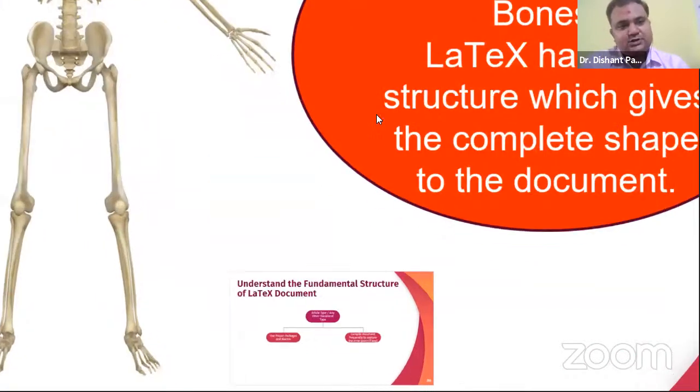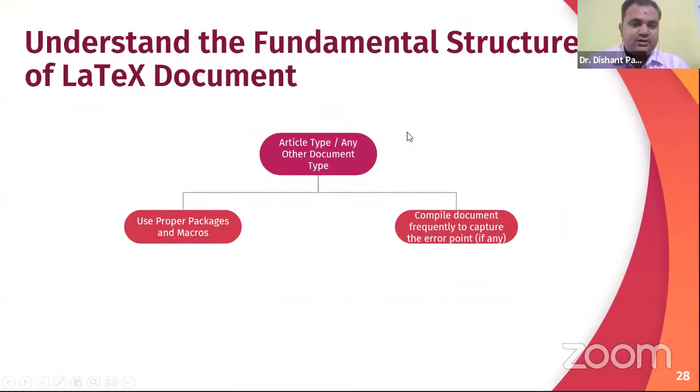The fundamental structure of our LaTeX document is, you can choose any article type or any other document type, which we have seen even in TeXstudio as well. There are two things that you should keep in mind. The first thing is you should use proper packages and macros as and when required. If a required package is not available, then definitely you will come across an error, which can be solved only when you add that package.